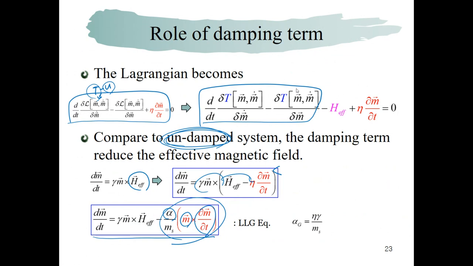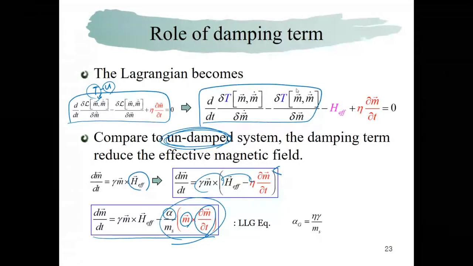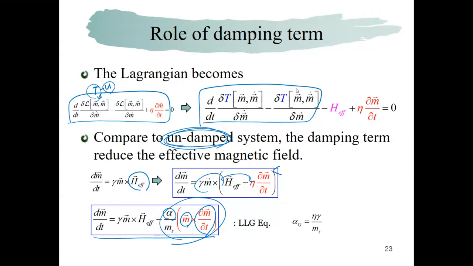So I'm not 100% sure this equation covers the whole area of spin dynamics, but for magnetic materials, especially for ferromagnetic materials, the LLG equation is good enough. But I'm not 100% sure it can cover all equations of the spins.